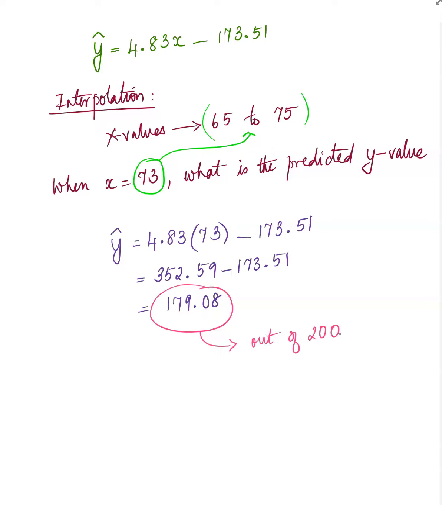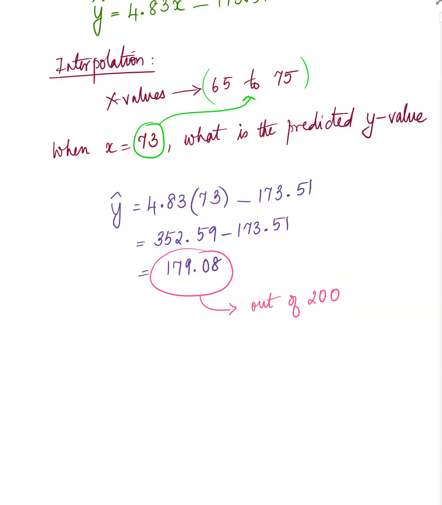The fact that your x was within is reliable, and the resulting answer was a value that was within 200, which makes it reasonable. It's reasonable to expect them to earn this because 73 is out of 80 points, right? So this is a good prediction.